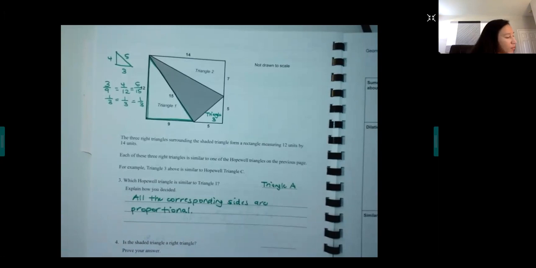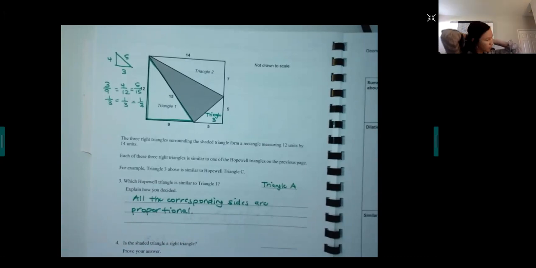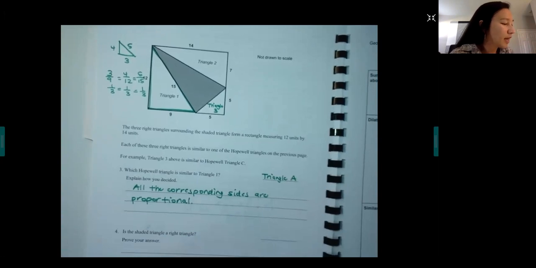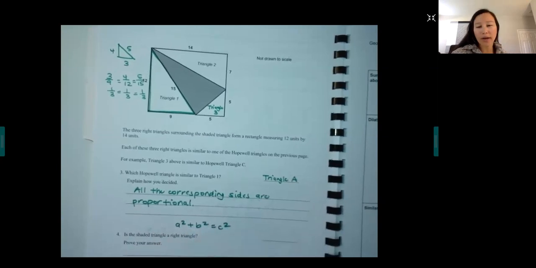Okay, and then number 4, is the shaded triangle a right triangle? Remember how we determined if it is a right triangle is using the Pythagorean Theorem Converse. So that was from last unit as well. But remember the Converse says that if a squared plus b squared equals c squared, then we know that it's a right triangle.